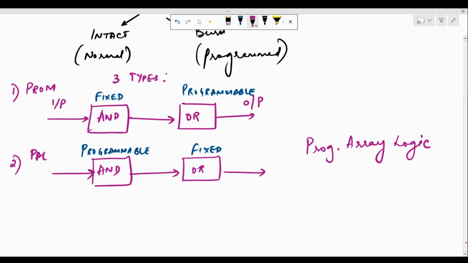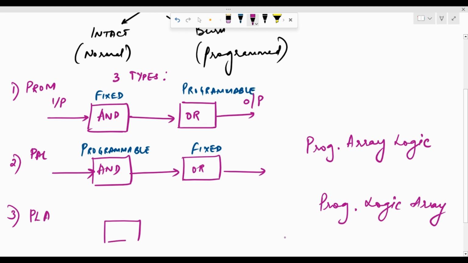The third type is called PLA, Programmable Logic Array. The Programmable Logic Array is where both the AND as well as the OR array are programmable.